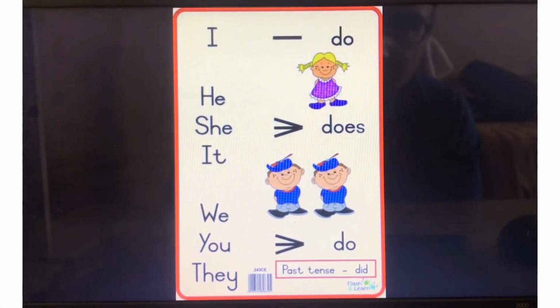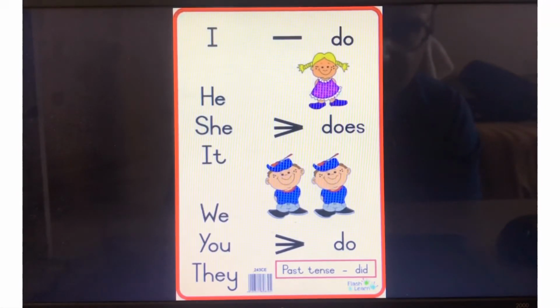For I, we will use do. For he, she, or it, we will use does. And for we, you, and they, we will use do one more time.